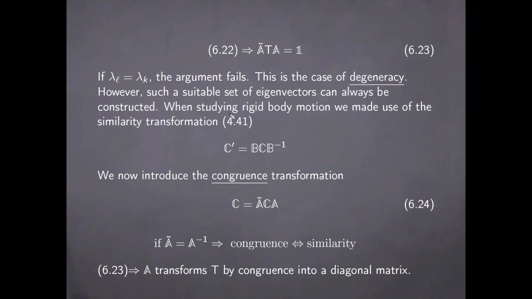When we studied rigid body motion, we made use of similarity transformations, which were defined by equation 441 as written here.